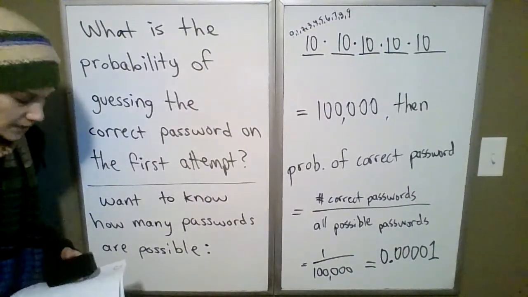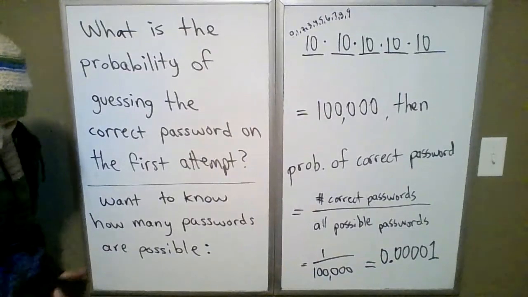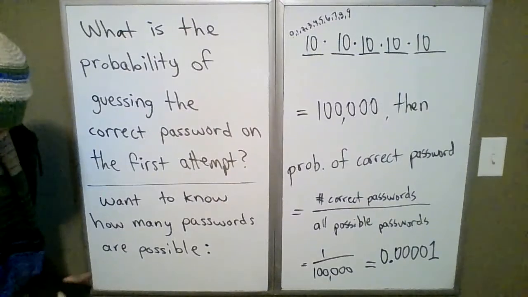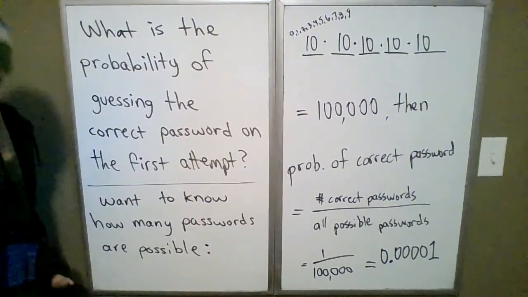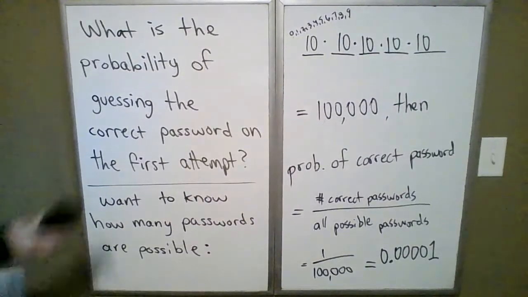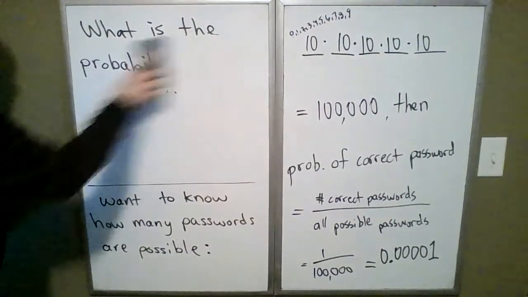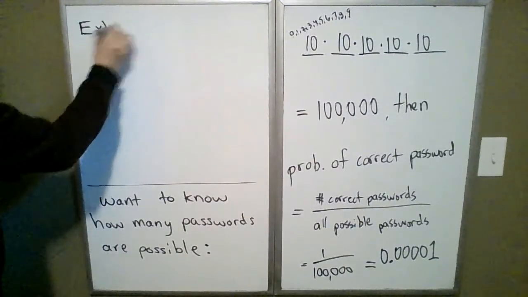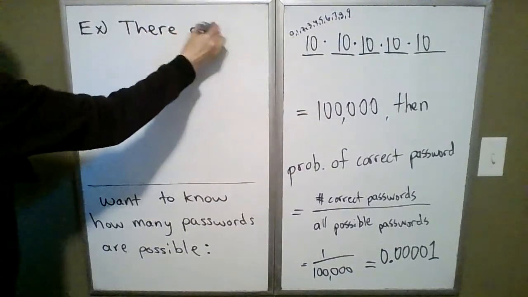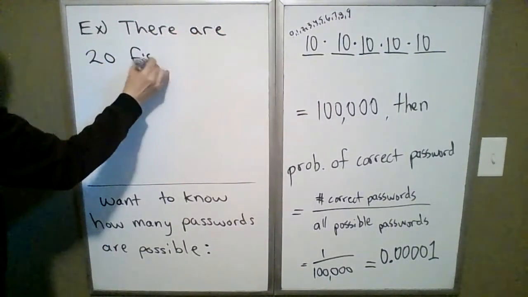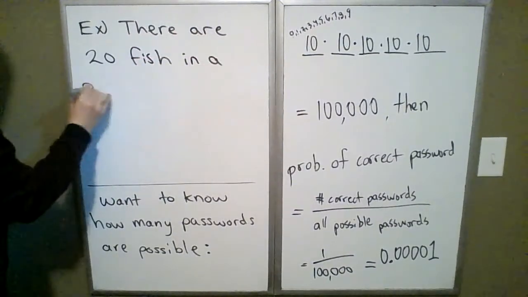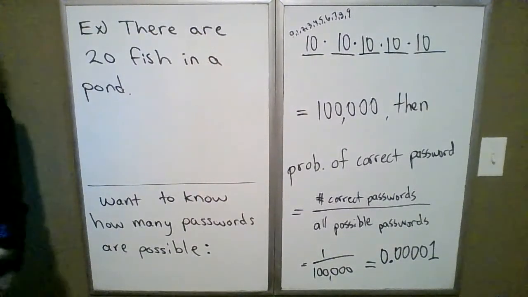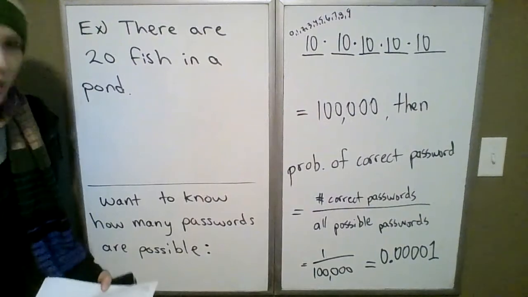I'm going to keep doing examples till we run out of time. So next one is going to be to have 20 fish in a pond. 12 of the fish are blue, 8 of them are red.